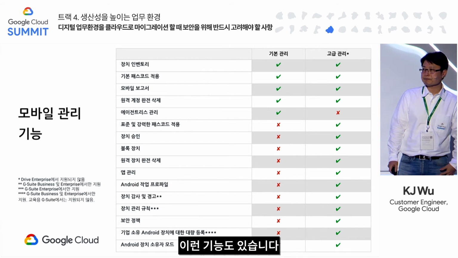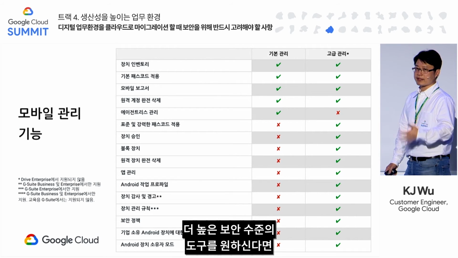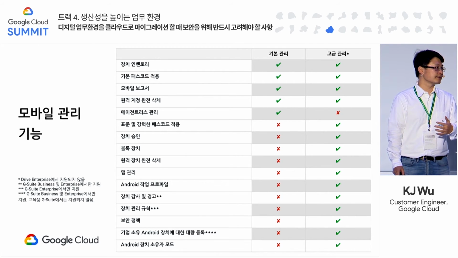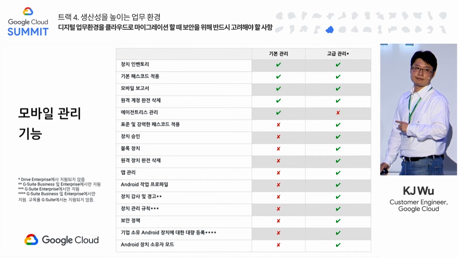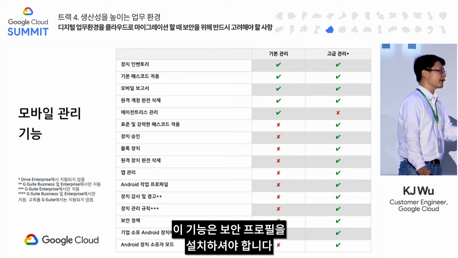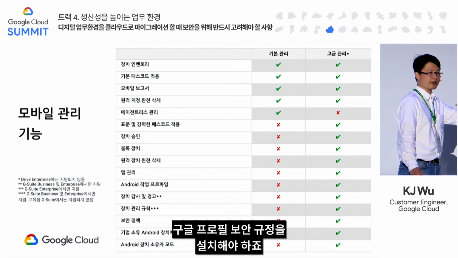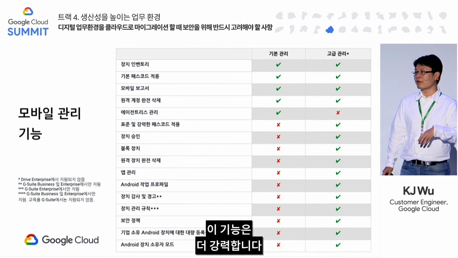We can do that. If you want an even more secure way to protect your mobile devices, you can choose to use the advanced features. For this one, you have to install the Google security profile, the security policy, on your devices. This is even more powerful.